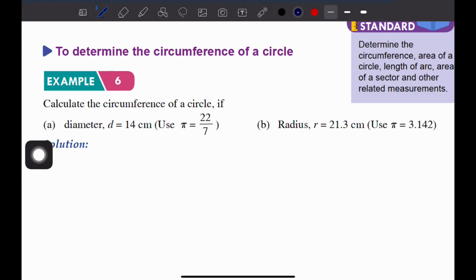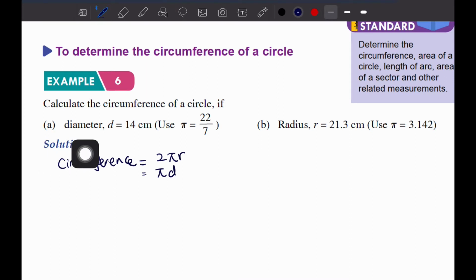So we know that circumference is equal to 2 pi r or pi d, depending on the information given in the question. If the question gives you information of radius, you can use the top one, or if the question gives you information of diameter, you can use the second one.